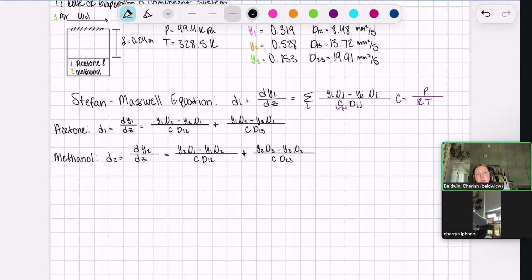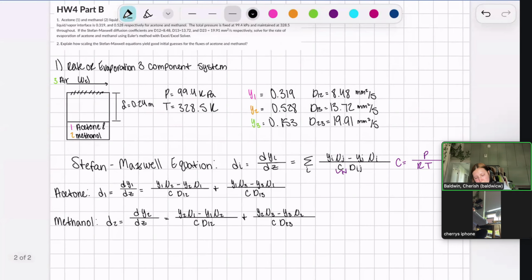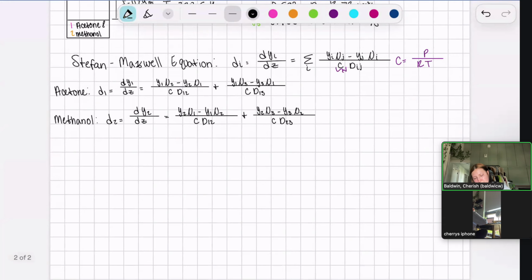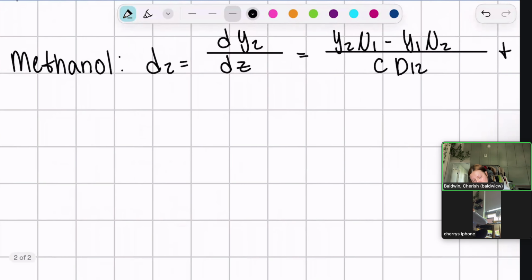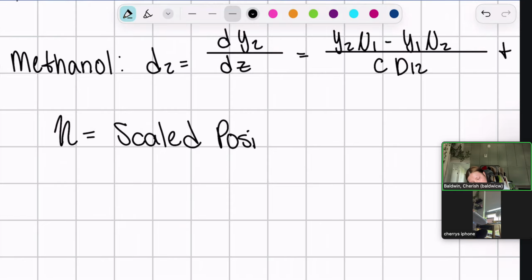Now to make this easier for ourselves when we go to put it in Excel, we have to scale the positions. So this is the scaled position from 0 to 1.